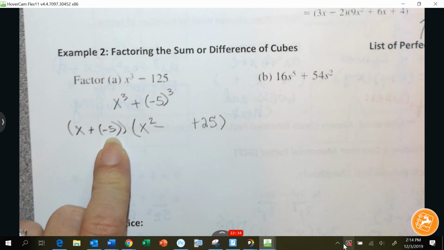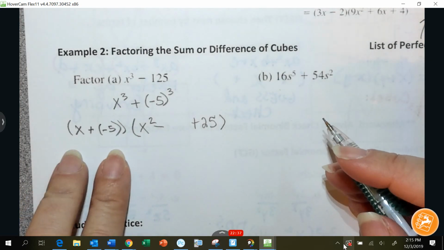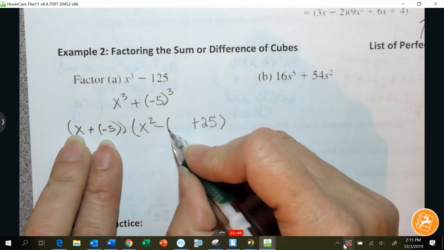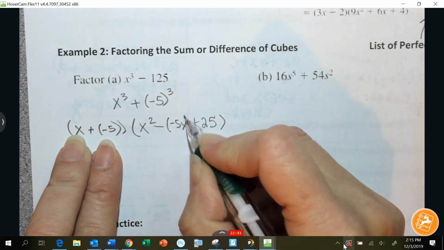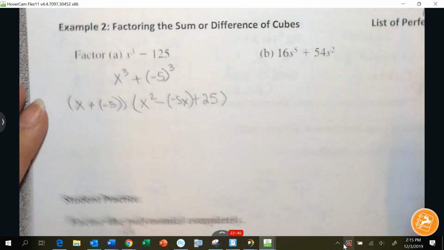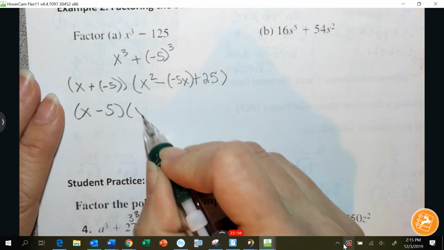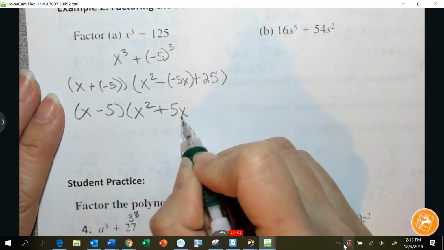And then we subtract the two of these multiplied together. So what's x times negative 5? Negative 5x. Now I'm going to simplify it. I'm going to rewrite this as x minus 5 times x squared plus 5x plus 25.